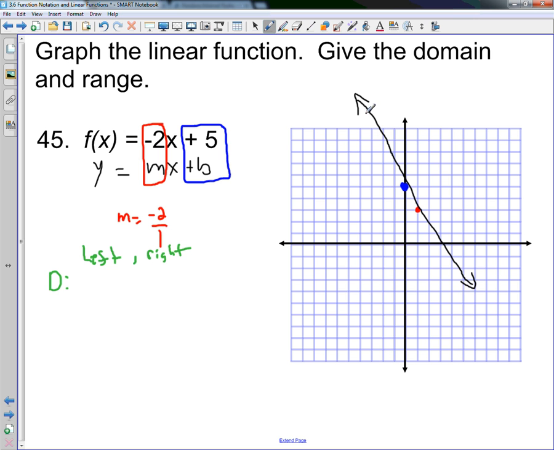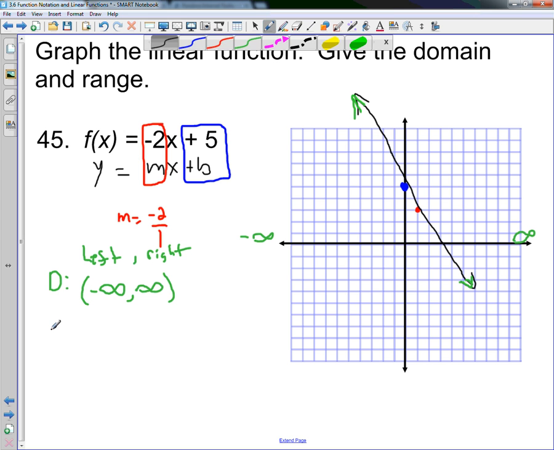Well, if you look at this, this is working left forever. Yes, it looks like it's going up, which it is, but it's also working left forever. And if you notice, the bottom is working down, but also right forever. So your domain for this is -infinity to +infinity. And it's working left and right forever.